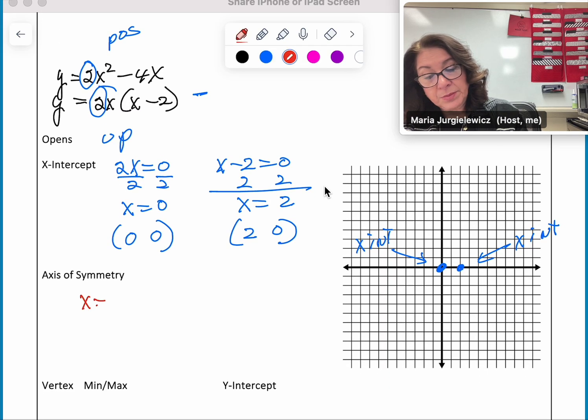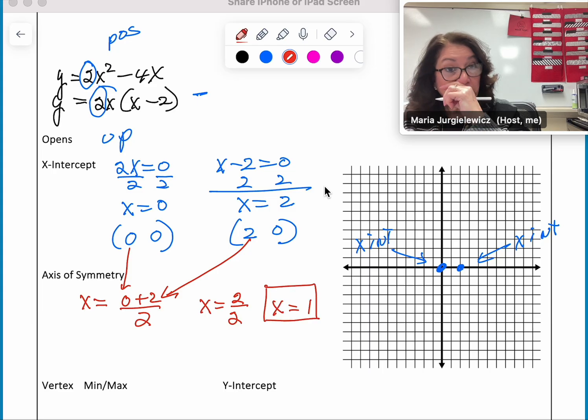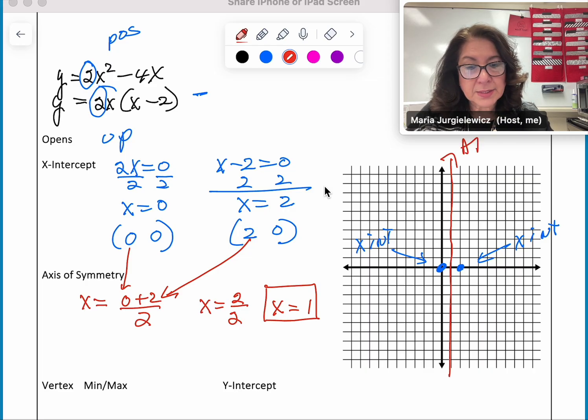The axis of symmetry is x equal, and we're going to take those x values and add them together and then divide by 2. So 0 plus 2 is 2, and 2 divided by 2 is 1. There's my axis of symmetry. You have to write it that way. And my axis of symmetry is this line that's going to go through 1. X is equal to 1.